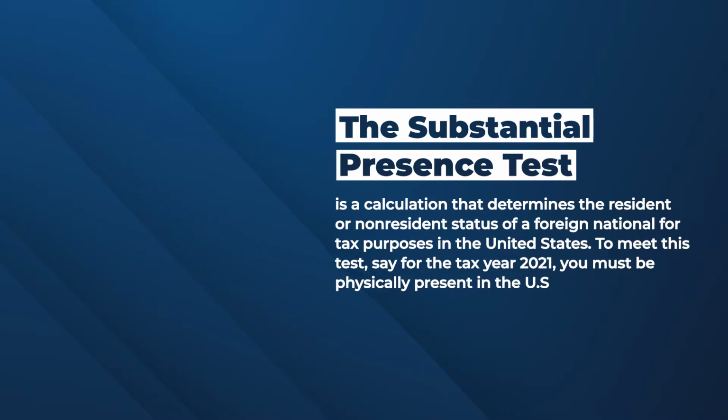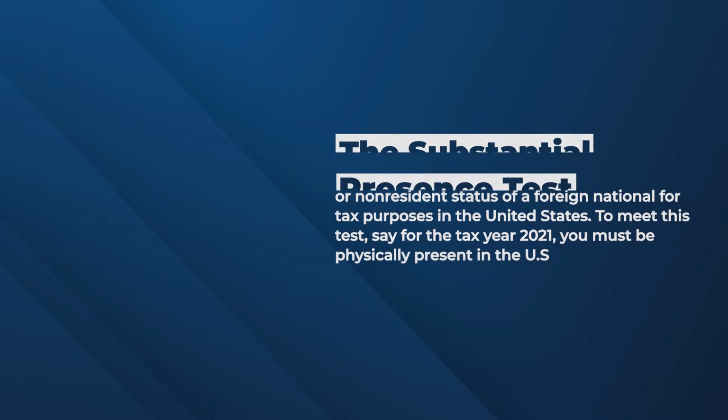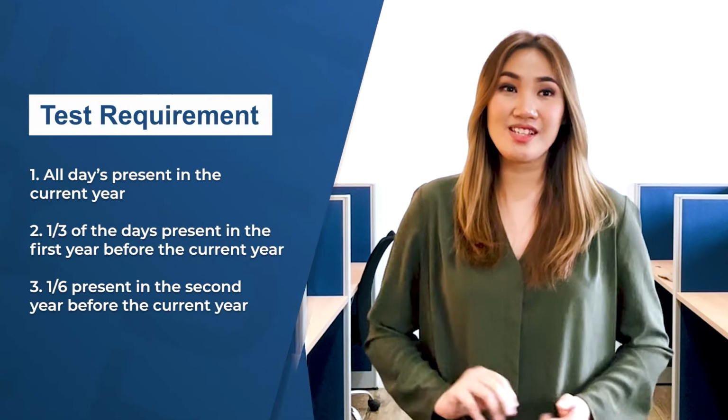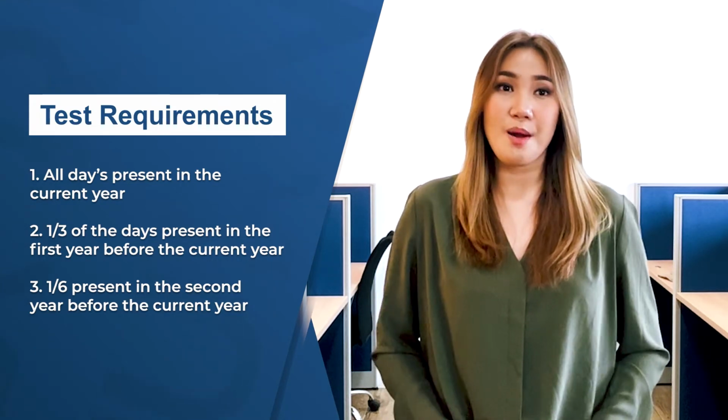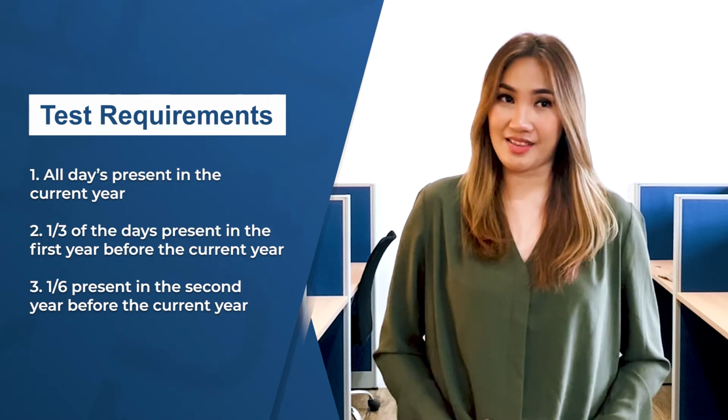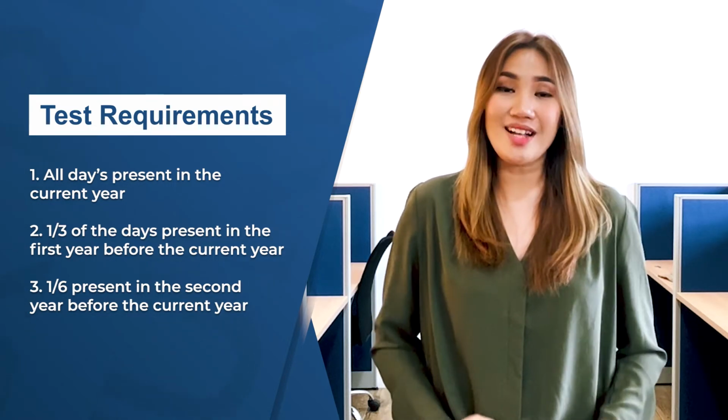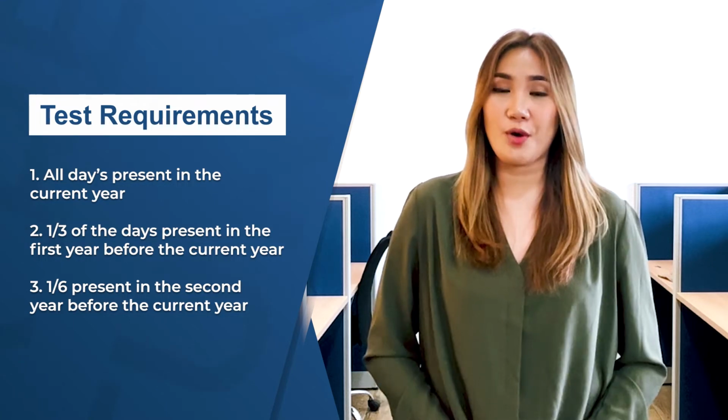To meet this test, say for the tax year 2021, you must be physically present in the U.S. on at least 31 days during 2021 and 183 days during the 3-year period that includes 2021, 2020, and 2019, counting: first, all days present in the current year; second, 1/3 of the days present in the first year before the current year; and third, 1/6 of the days present in the second year before the current year.